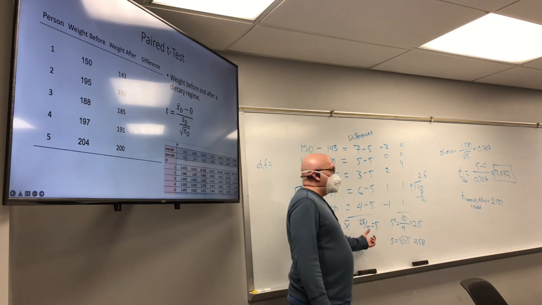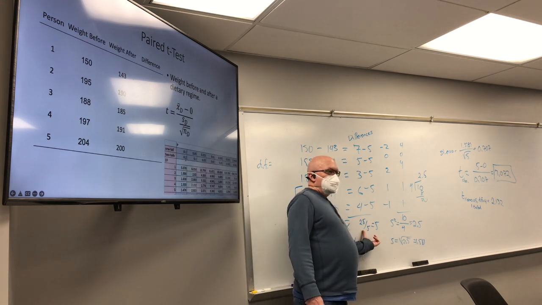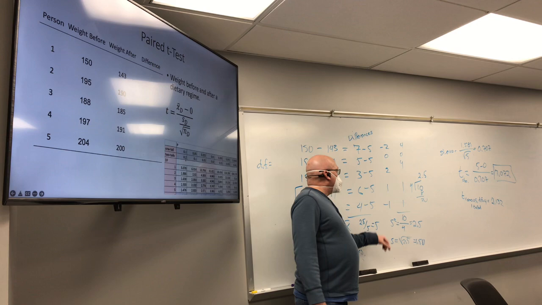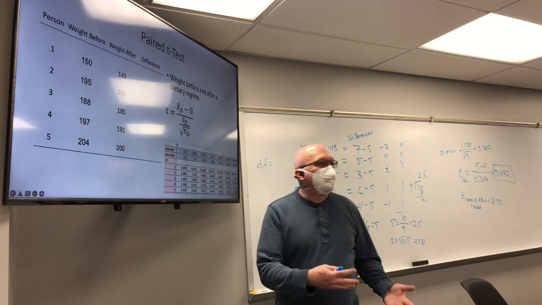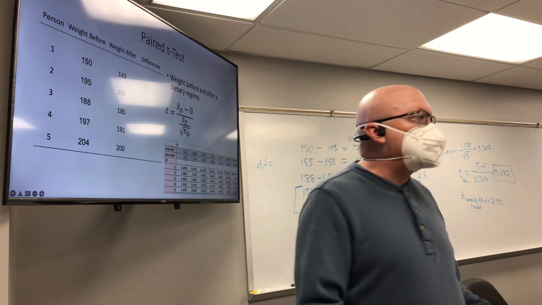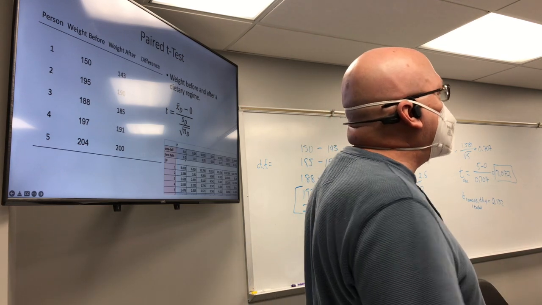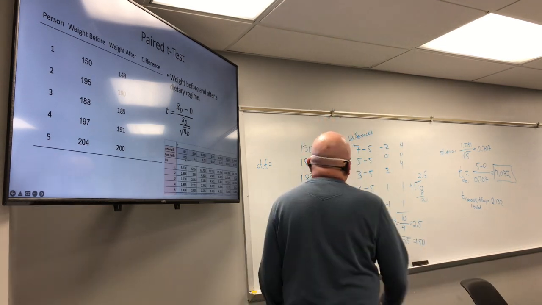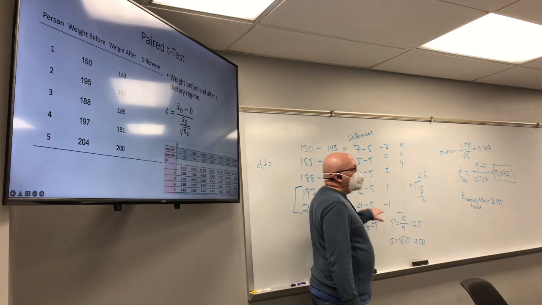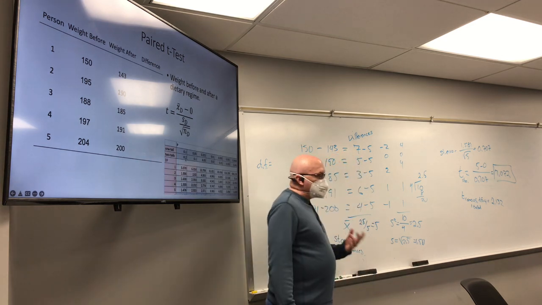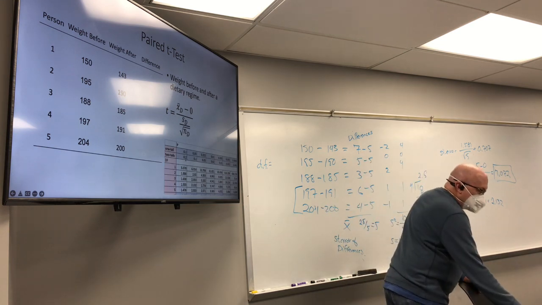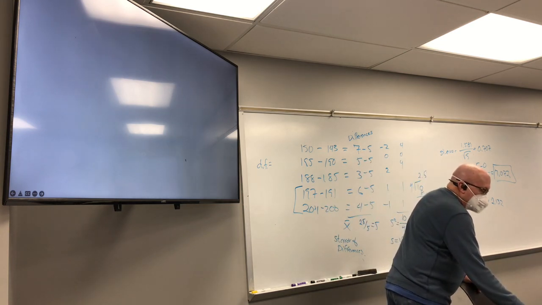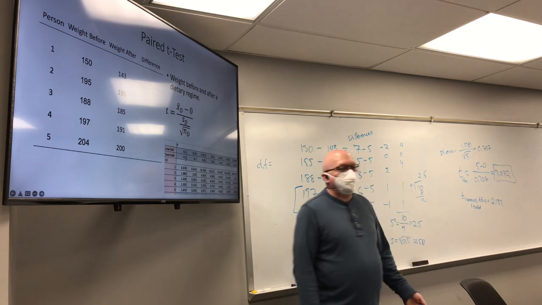But relative to the average, they really didn't lose very much. And it may be that they didn't lose very much relative to the average weight loss simply because they started out at a heavier weight to begin with. And so maintaining those data as linked is important in finding these differences. That's how you do a paired test.